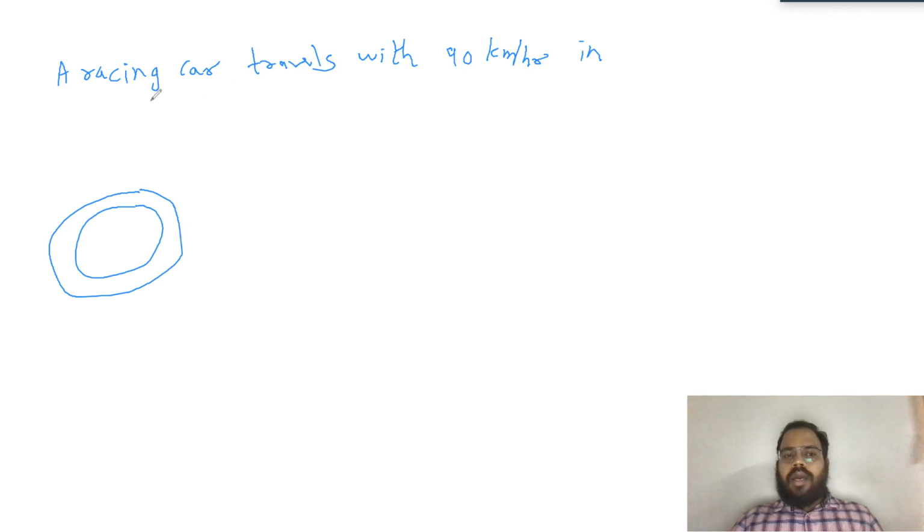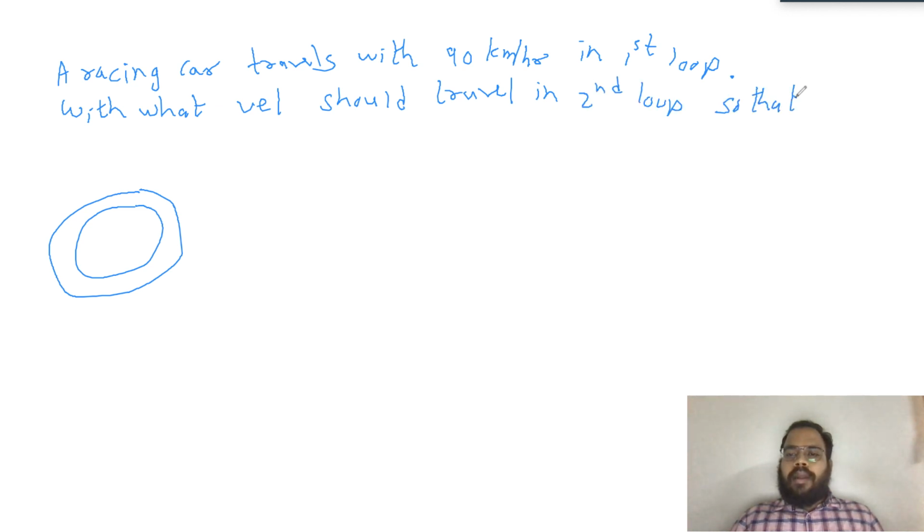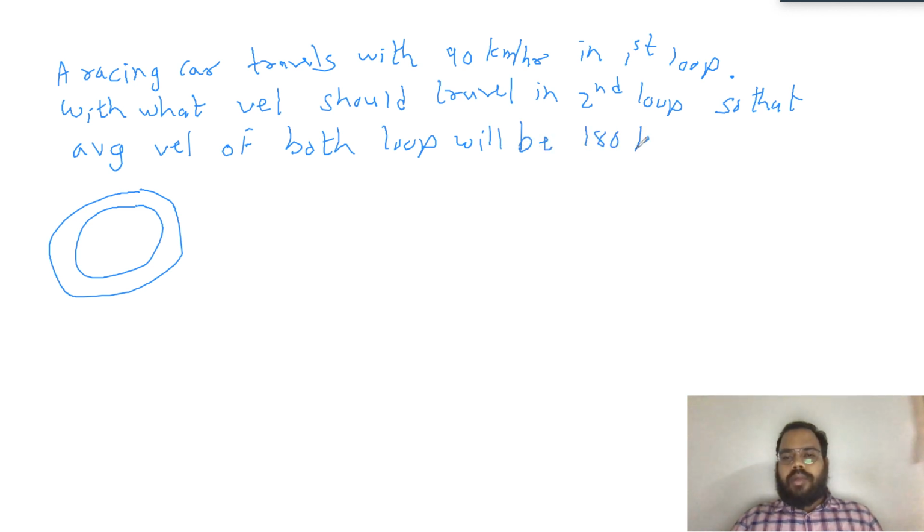So the question is, with what velocity should it travel in the second loop so that the average velocity of both loops will be 180 km per hour. Okay, take a note of this and try it at home.